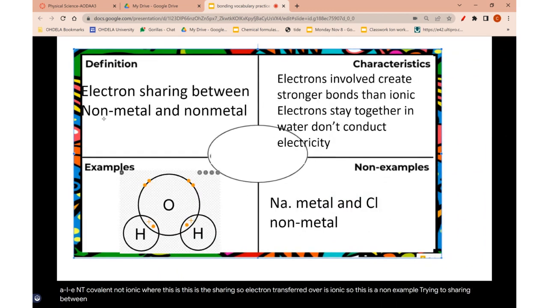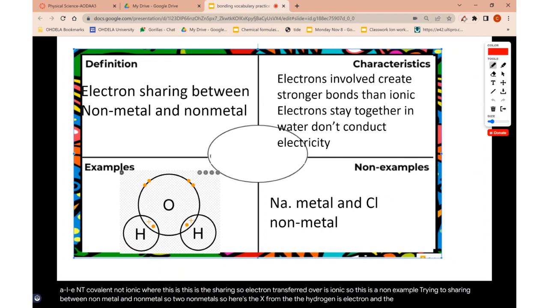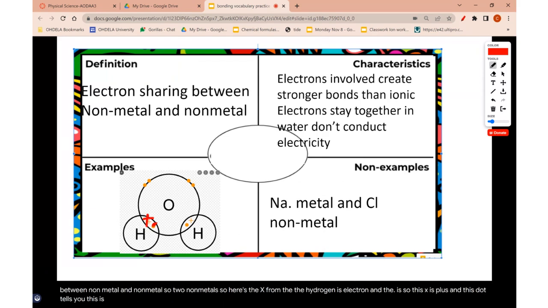All right, electrons sharing between nonmetal and nonmetal, so 2 nonmetals. So here's the X from the hydrogen is an electron, and the dot is, so this X, this plus, and this dot tells you this hydrogen has 1 to share, but oxygen wants a total of 8.